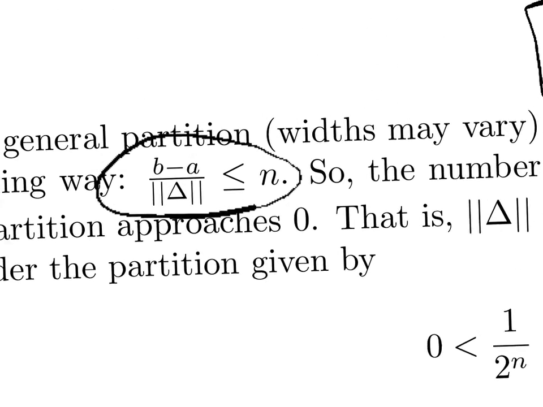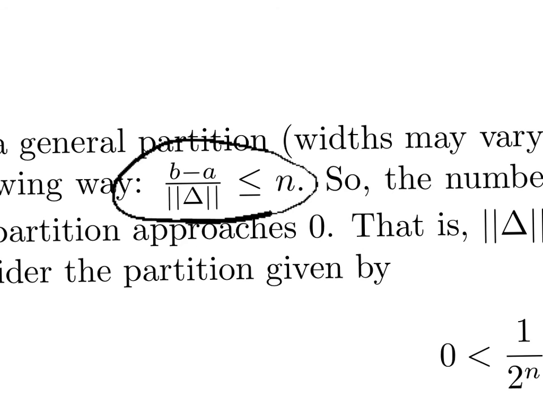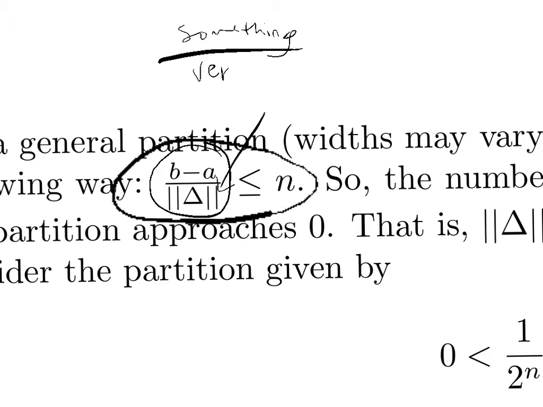Take a look at this relationship. If you make the norm smaller and smaller and smaller, what does that do to this whole expression? If you have something over a very small number, you would get what? A very big number, or infinity.